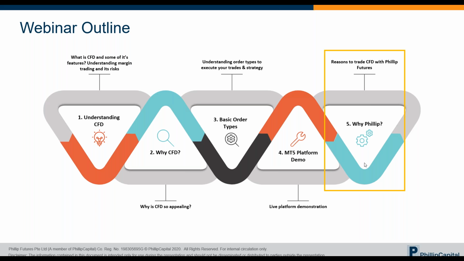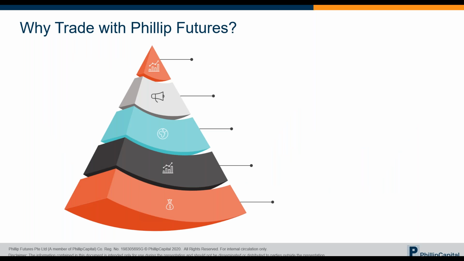Of course, there are many brokers in the market currently that you can choose to trade with. But just let me do a very quick sharing on the support that Phillip can offer you to trade CFD with us. Firstly, we are actually using the MP5 platform, and we are the first broker in Singapore to offer it. Trades done on MP5 are on 0 commission. So be it you buy or sell 1 time or 100 times in a single day, there is no commission charge.